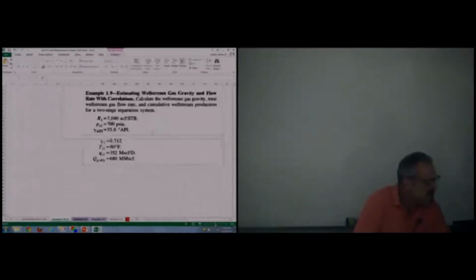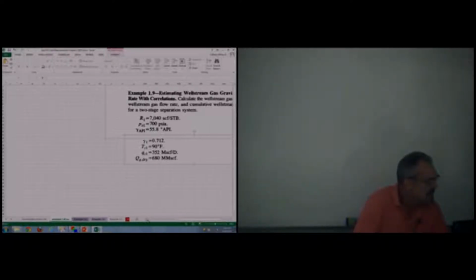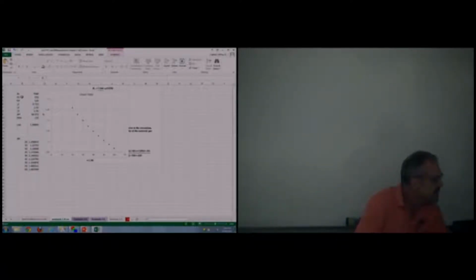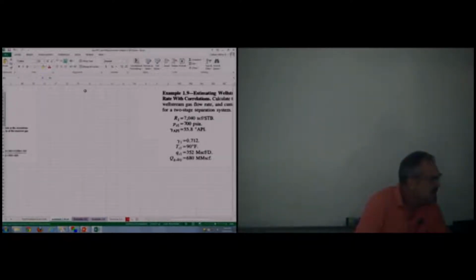I'll zoom back in here in a second. Where am I? How do I move my? There we go. My vision is not what it used to be. Okay, I'm not going to use these things.